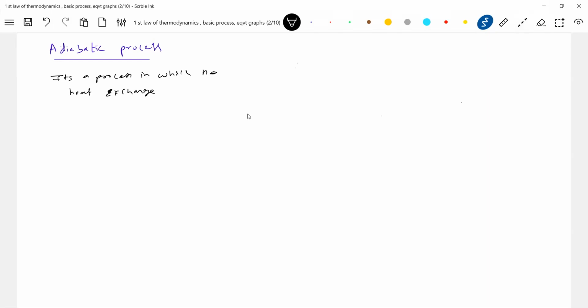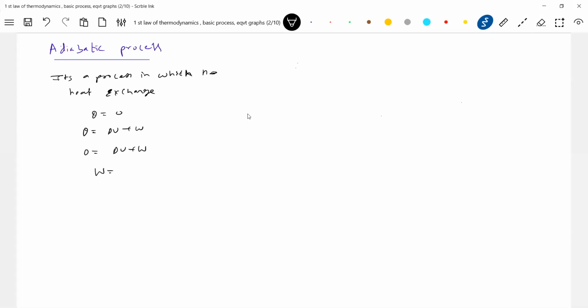It's not like 10 joules it will absorb, then 10 joules it will release. No heat exchange altogether. So here Q will be 0. Therefore, what can we write here now? We know Q equal to delta U plus W. Q is 0, so delta U equal to W.